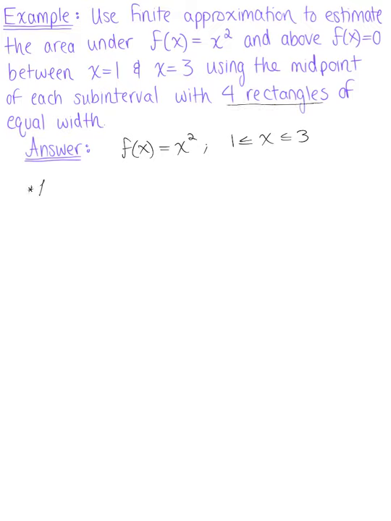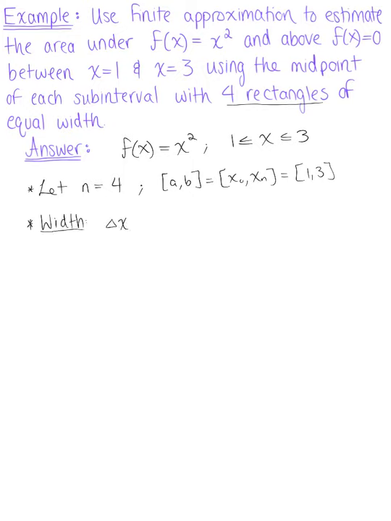So we are going to let n be equal to 4, and we'll redefine our interval, a to b, or x naught to x sub n, as the closed interval from 1 to 3. Now that we have the number of rectangles and our interval, let's find the width. We want 4 rectangles of equal width.